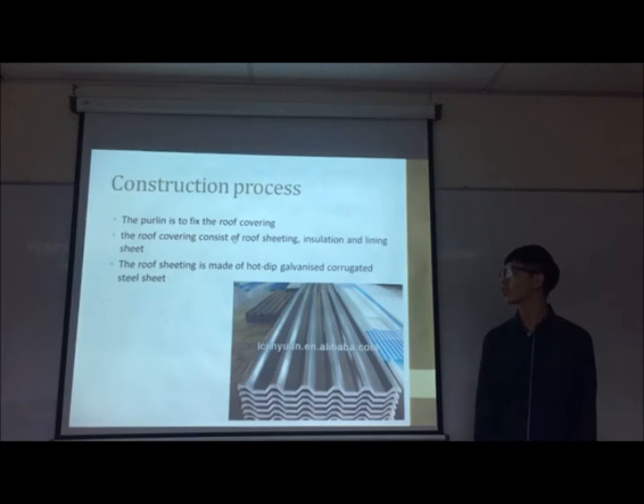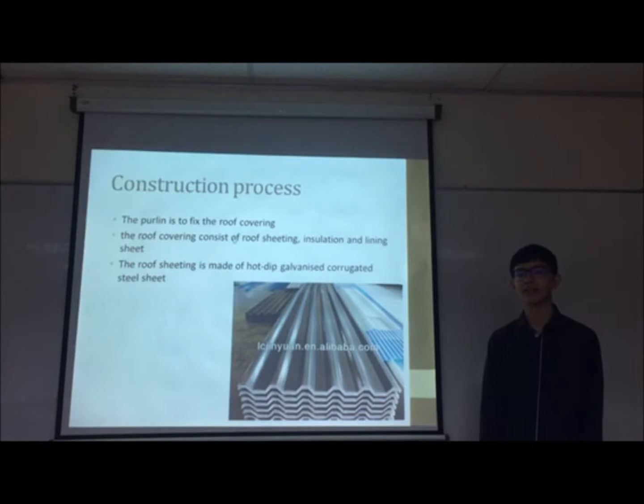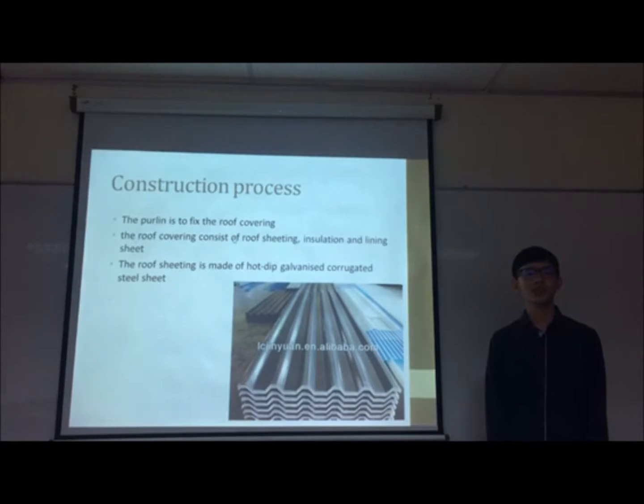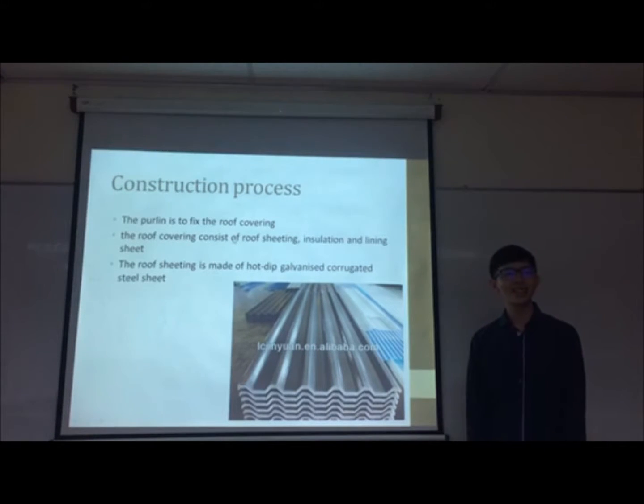The roof covering consists of roof sheeting, insulation, and lighting sheet. The roof sheeting is made of hot dip galvanized corrugated steel sheet because it can prevent corrosion.